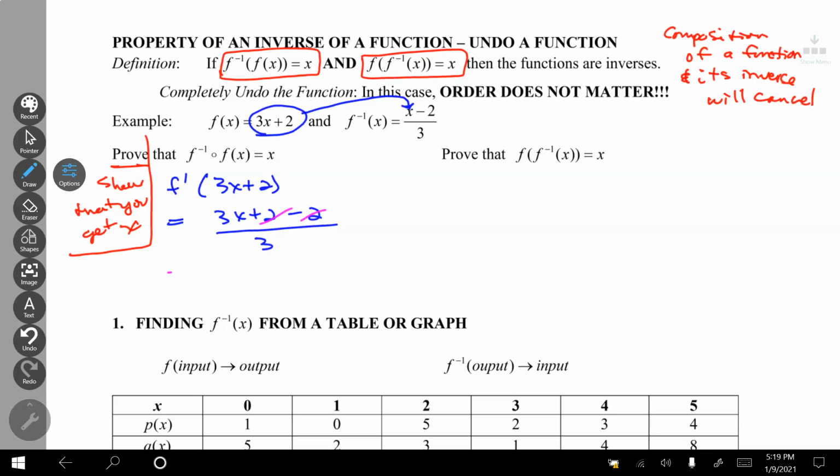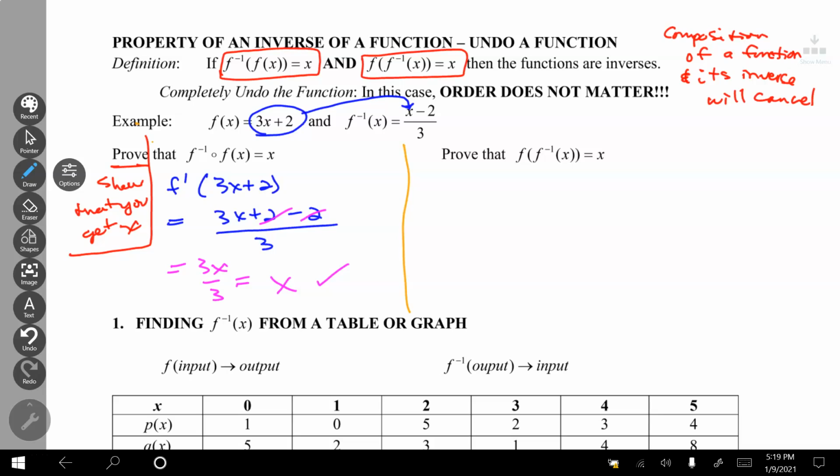The 2's cancel, and we get 3x over 3. Now the 3's cancel, and we get x. We get exactly what we wanted. We wanted to show that by putting one in the other, things will cancel out, and our composition of the inverse and the function go back to x.